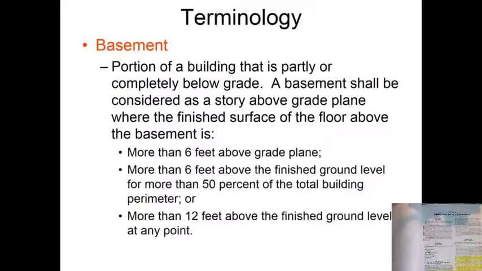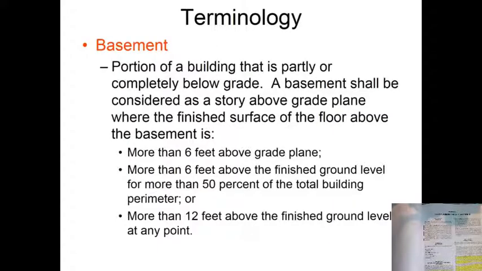The basement. We've talked a little bit about basements earlier. That's a portion of a building that is partly or completely below grade. A basement shall be considered as a story above grade when the finished surface of the floor above the basement is more than 6 feet above grade plane, or more than 6 feet above the finished ground level for more than 50% of the building.